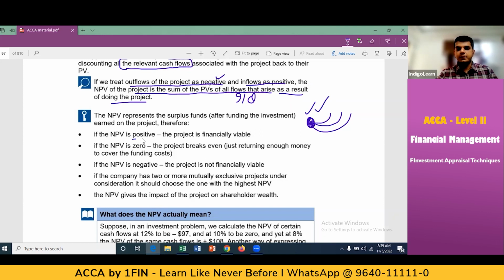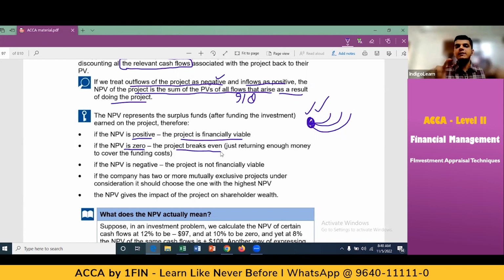If the NPV is positive, the project is financially viable because it is gaining something over the period of time and it is giving a surplus after the end of the project period. If NPV is 0, the project is at break even, means whatever money you are investing, you will be getting back if you discount all the cash flows at a particular discounting rate, that is your cost of capital.